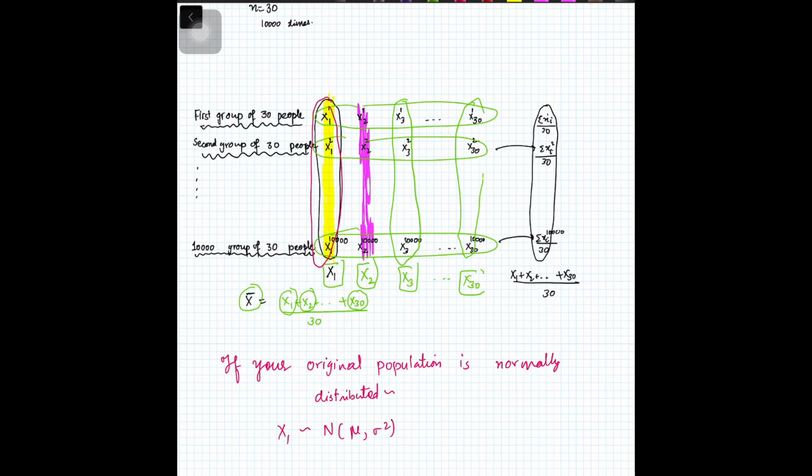Suppose your original population is normally distributed with mean mu and variance sigma square. Then x2 is also from the same population, so x2 is also normally distributed, and so on. And x30 is also normally distributed.